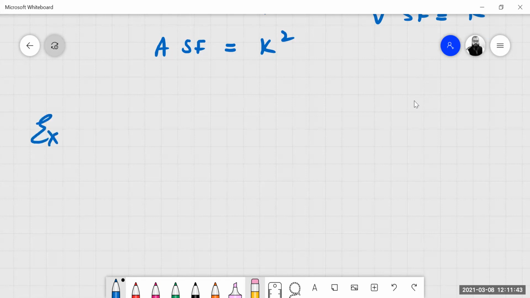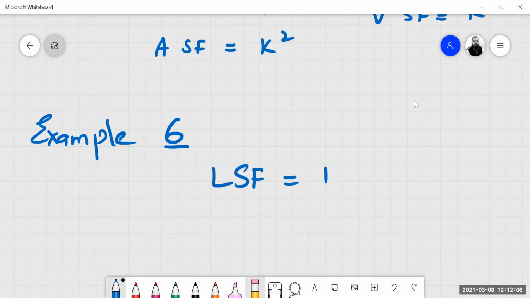Example 6. A model yacht is made to the scale of 1/20 of the size of the real yacht. So what will be the linear scale factor? 1/20, which is 0.05.